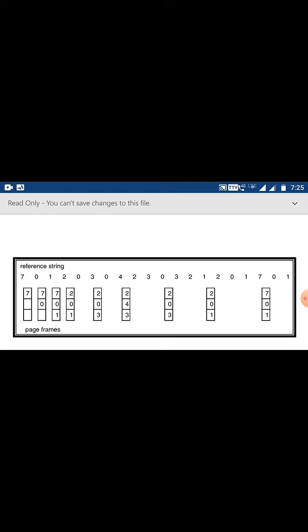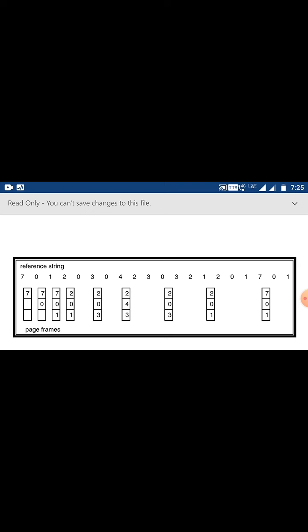Page number 7 was not used for the longest period of time, but 0 and 1 are involved in execution more frequently than page number 7. So page number 7 is replaced with 2.